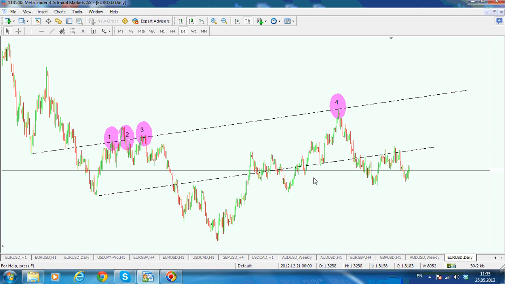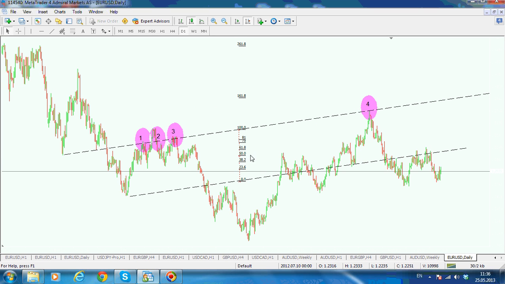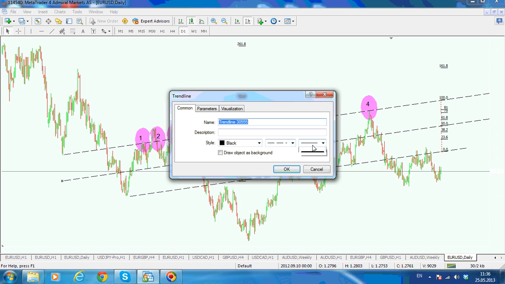And then what I would do next, I would measure this channel. So I would take a Fibonacci retracement tool, and let's measure this channel, and I will look for the 50% line of this retracement of this channel. Why? Because this 50% line usually has the tendency to attract price. Let's put it just on the 50% line like this, and let's make it blue.